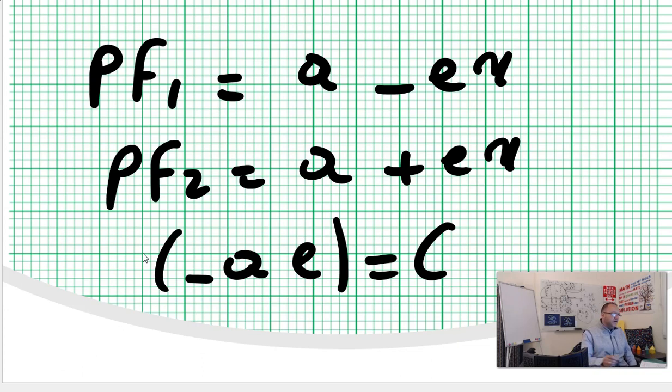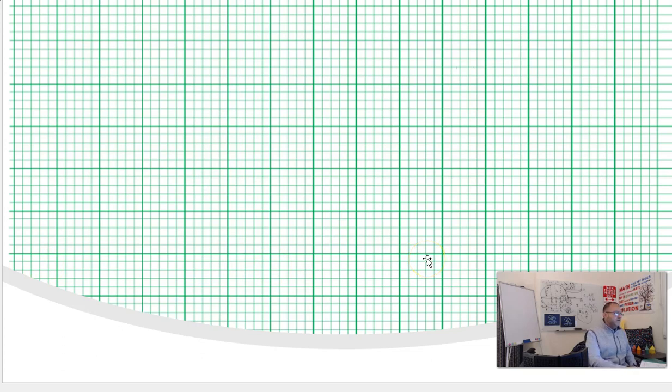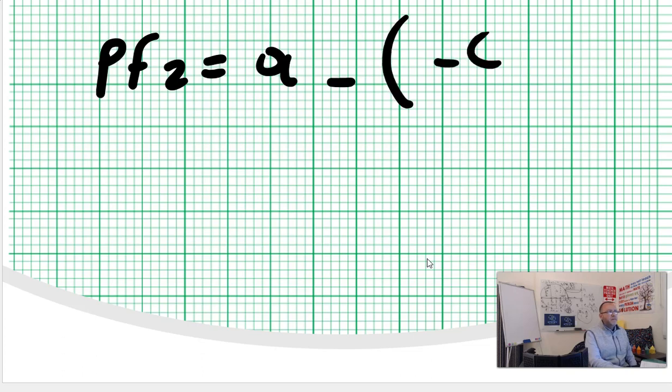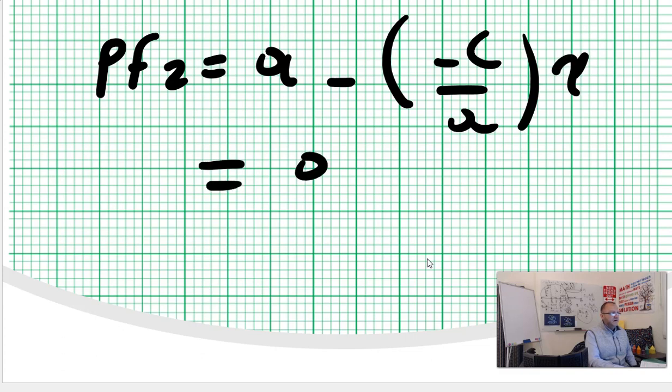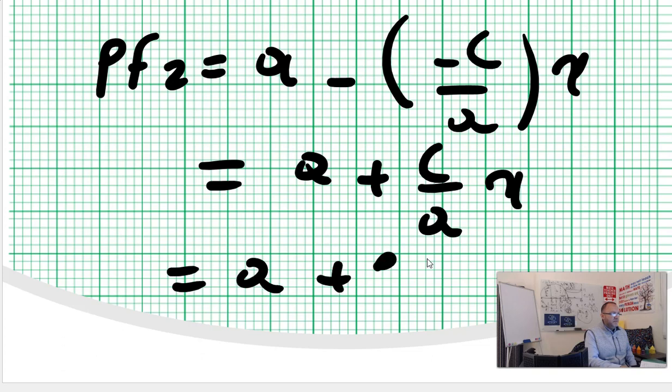So in this situation, you can think of it like this. You get PF2 equals A plus C divided by A times X, or equals A plus EX.